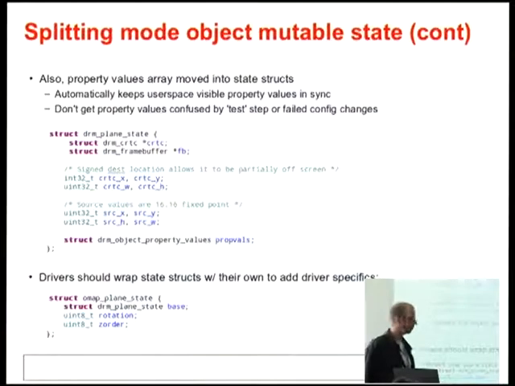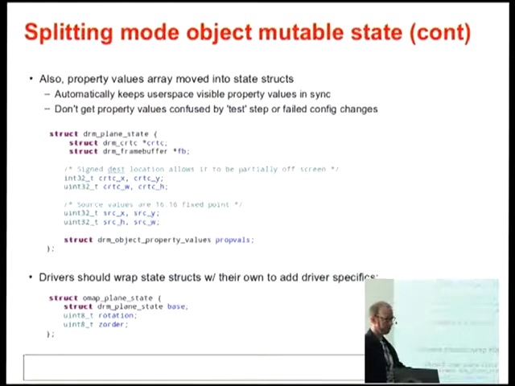Before, in struct DRM plane or struct DRM CRTC there was a structure that had property values and IDs for keeping track of the user space visible property values. So I moved the actual values into the state structures so that user space seeing the correct value of properties is automatic.